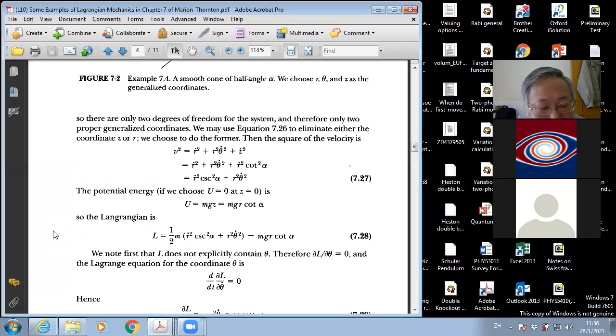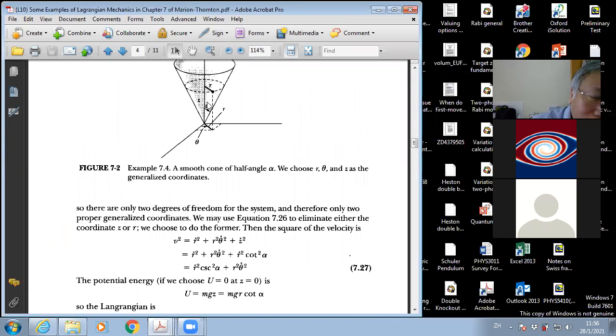Now from this expression, you can immediately see that there are only two generalized coordinates, r and theta, right? In general, the motion of a single particle in space has 3 coordinates, right? However, we have one constraint, i.e., the particle must move on the inner surface of the cone.